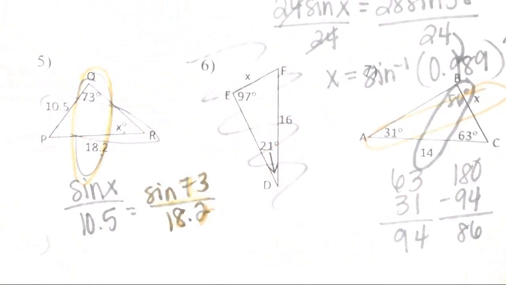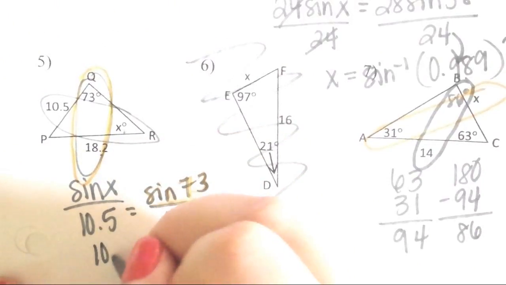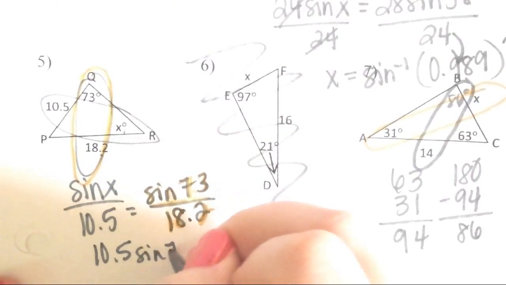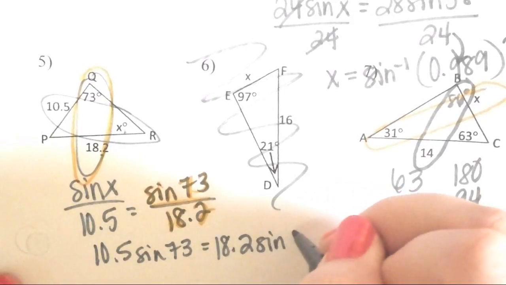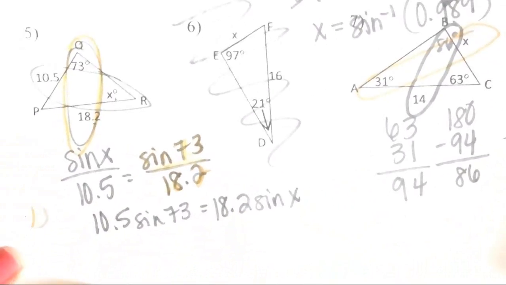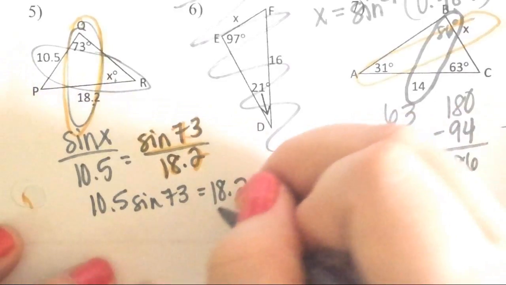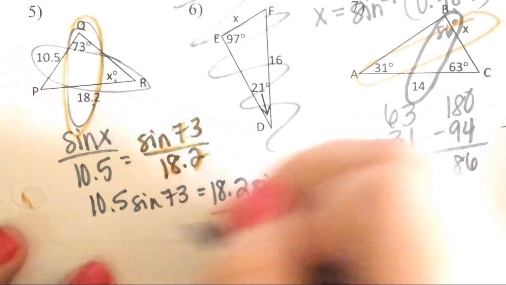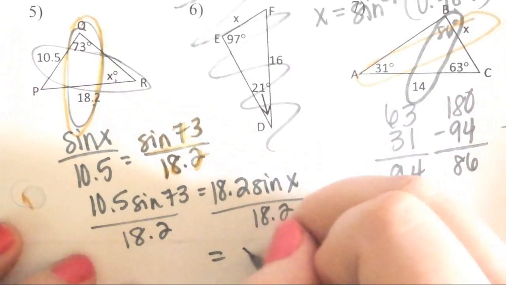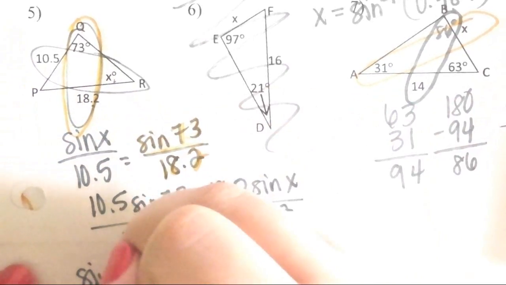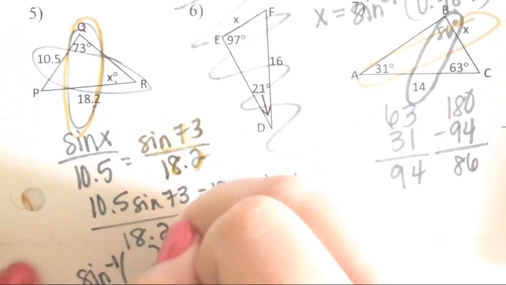I cross multiply, I get 10.5 sine 73 equals 18.2 sine x. I've got to get x by himself. It's easy to get rid of the 18.2. A little trickier to get rid of that sine. So you end up doing sine inverse on this whole long thing.